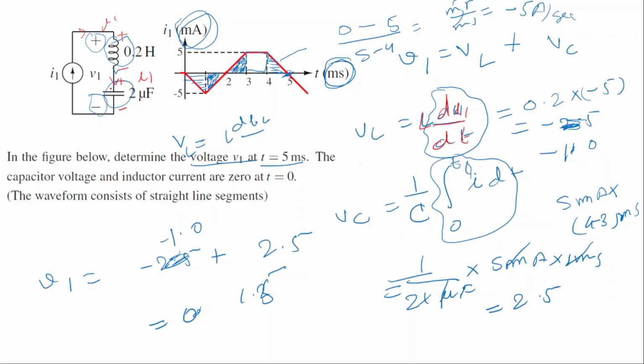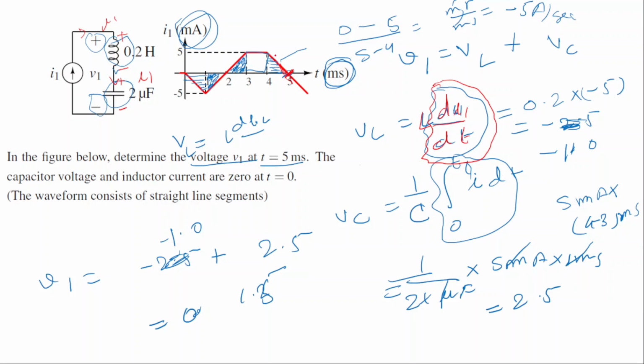Now we are given the current distribution at different time instants in this graph. In this formula, we need to find di1 by dt to calculate the voltage. So at this point we need to find the slope of this line.